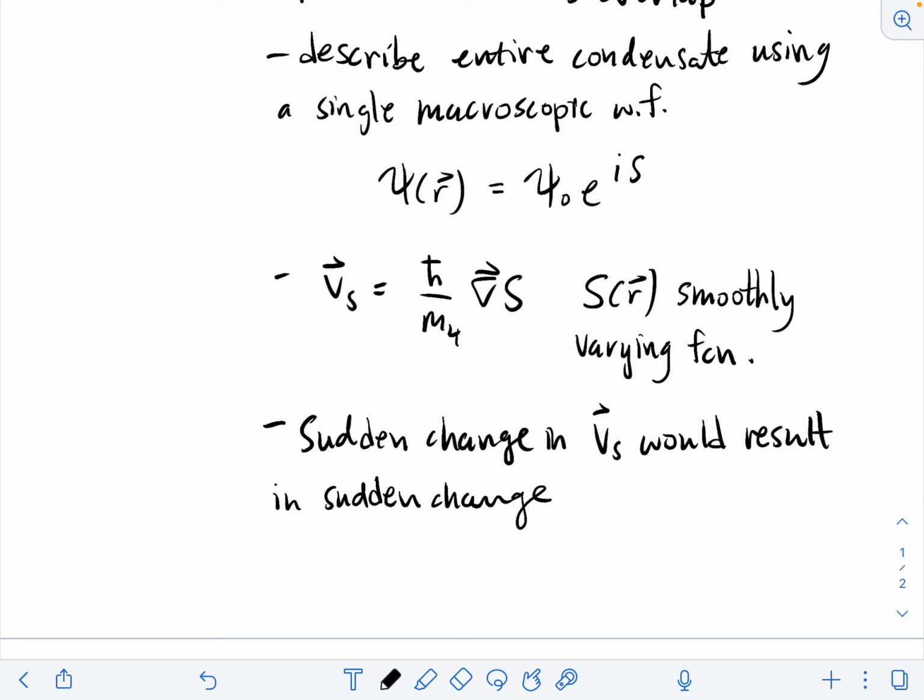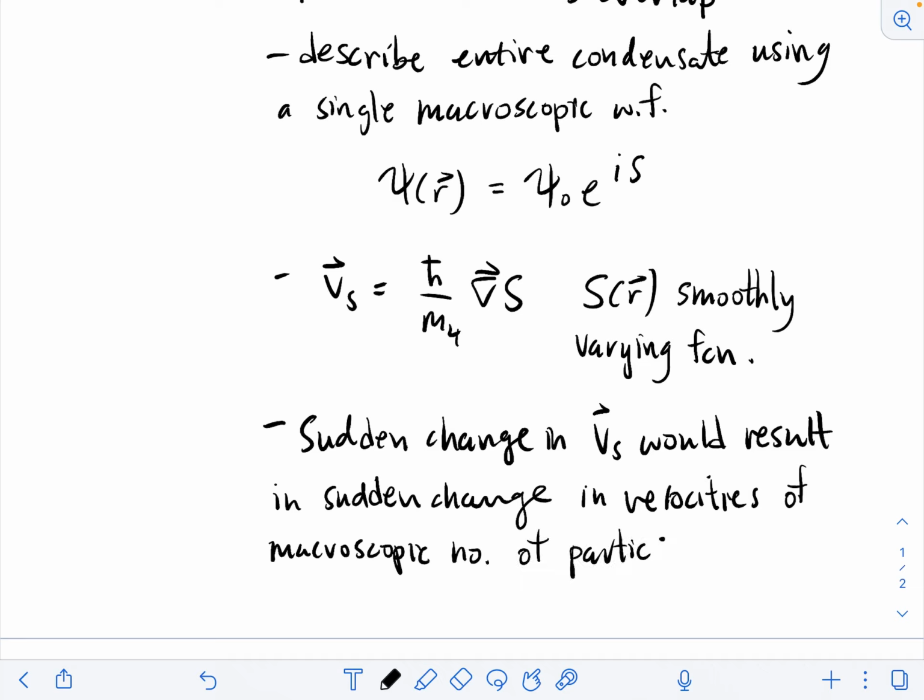So it would result ultimately in a sudden change in velocities of a macroscopic number of particles. And so this is an unlikely event.